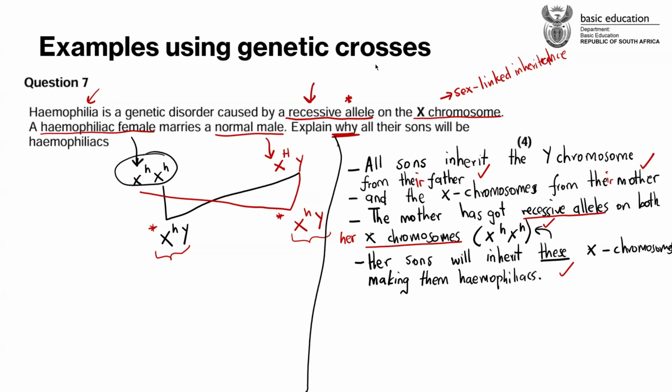Here we are trying to explain why all the males are going to be hemophiliacs, not that males need it. We say that males inherit X chromosomes from their mother, not that they need the recessive X chromosomes. But you are in the correct context, of course. And then you now say that the mother has both recessive X chromosomes.